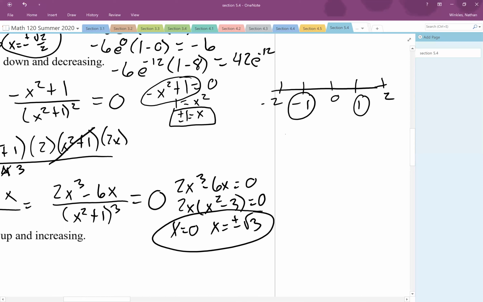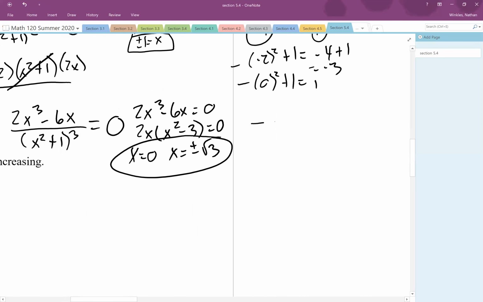So when you plug in negative 2, you get negative of negative 2 squared plus 1, which is negative 4 plus 1, which is negative 3. So it's negative. 2 is going to give us the same exact thing because of the squared. When you plug in 0, minus 0 squared plus 1 gives us 1, which is positive.